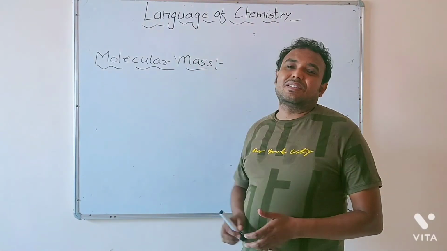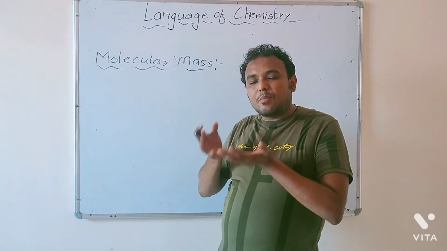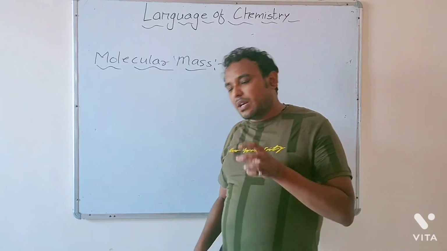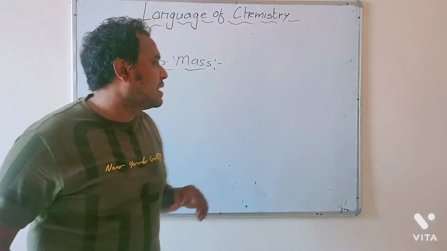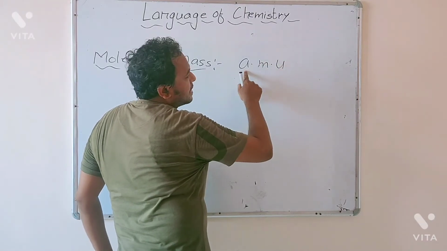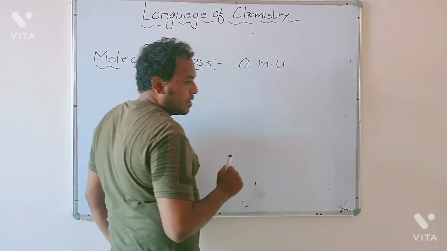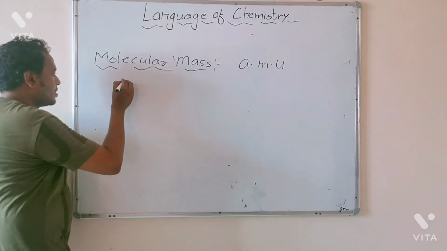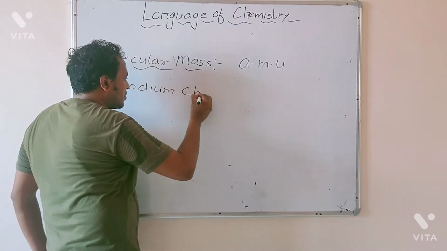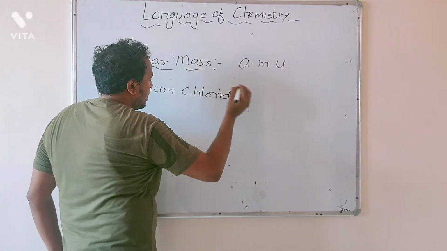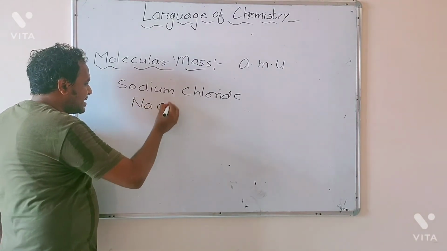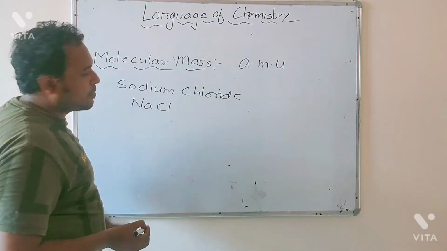What is molecular mass? Every compound has some mass. This mass is known as molecular mass. And molecular mass is represented by the unit AMU, atomic mass unit. For example, the sodium chloride compound. Its formula is NaCl. We have to take out its molecular mass.